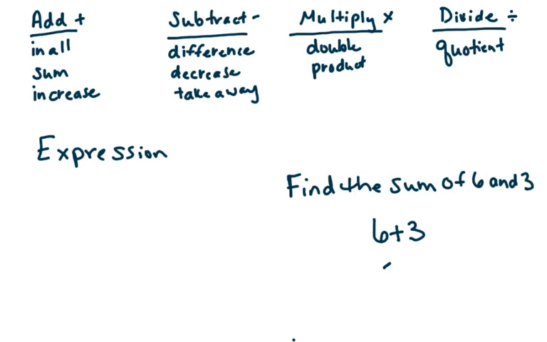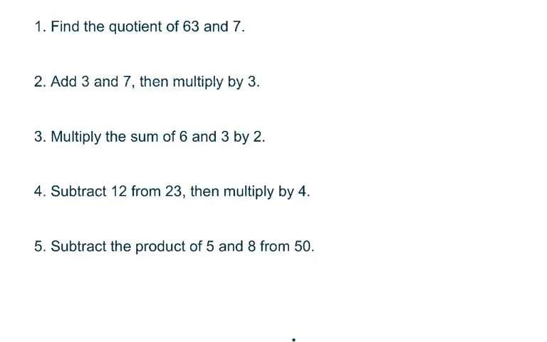To change this to an equation, I would need to add an equal sign and give a value on the other side. In this case, the value would be 9. I've now added some other examples. Examples like the first one here where it says find the quotient of 63 and 7.